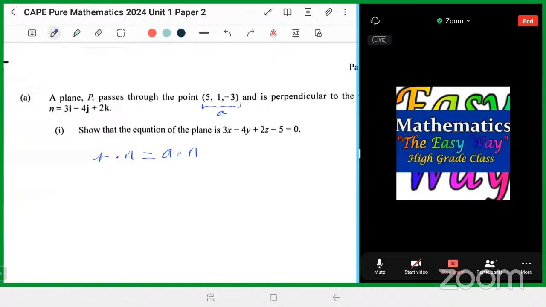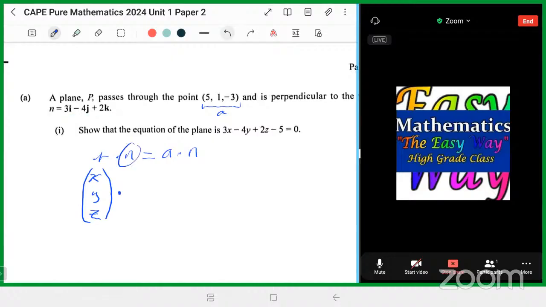So they want us to prove it in this form. And the r represents a general point, because I want it in the Cartesian form. I'm going to write the r as x, y, z, like this to begin with. I'm going to use column vectors for the purpose of the calculation, and then write the answer in that format when we're done. Well, it's going to come out in that format anyway. Then the normal is this vector.